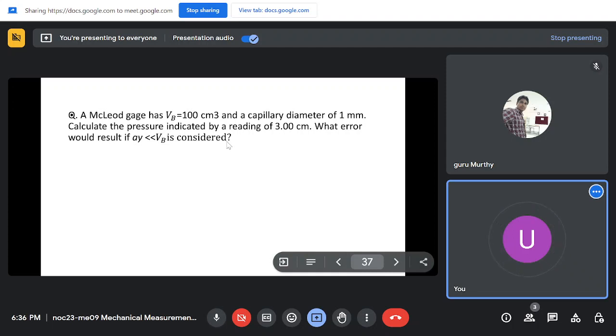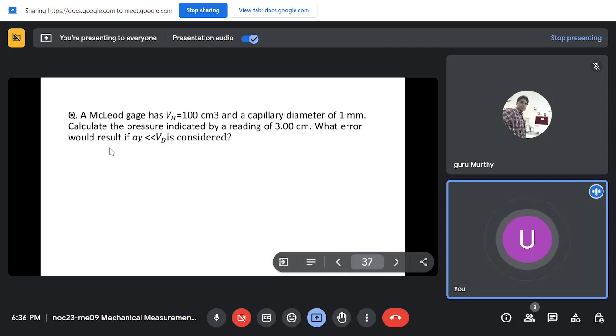Okay, then moving on, we have a McLeod gauge which has a bulb volume VB of 100 centimeter cube, and the capillary diameter is 1 mm. Calculate the pressure indicated by a reading of 3 centimeter.